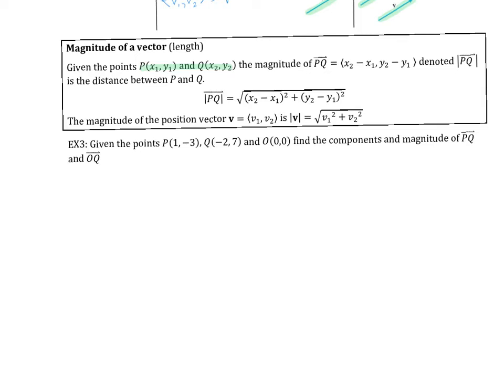So the magnitude, again, denoted by absolute values, is simply the distance formula between 2 points in the coordinate system.